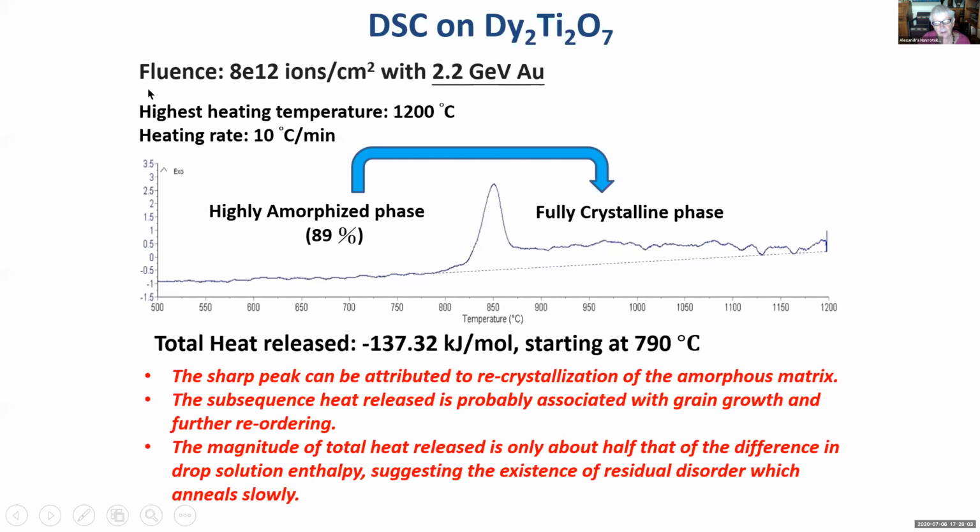The neutron studies are sensitive to the oxygen positions as well as to the cation positions. And if one does neutron studies, one finds that in addition to the pyrochlor peaks, or in addition to the lack of peaks in something that we called an amorphous sample, there is some short-range order.